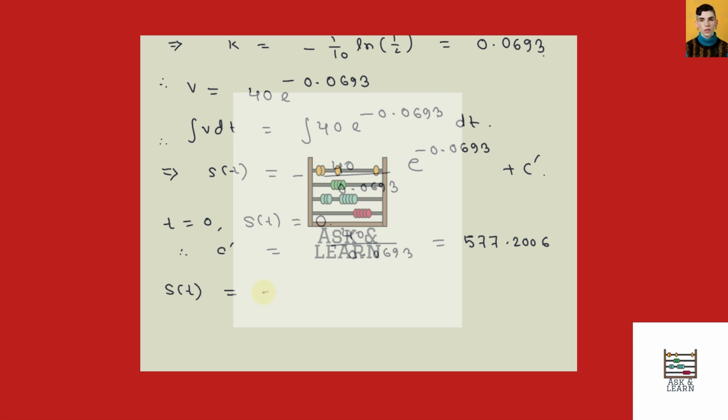So the equation for distance is s of t is equal to minus 40 by 0.0693, that is 577.2, into e to the power minus 0.0693 t plus 577.2.